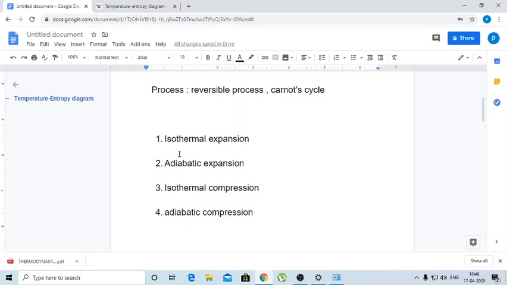In the first stage, the thermodynamic system is expanded in an isothermal process, and then in the second stage expanded in an adiabatic process. After the process is completed in one direction, it is performed in the opposite direction, that is, the gas or the system is compressed in an isothermal process and then an adiabatic process. So this is the best example for a reversible process.